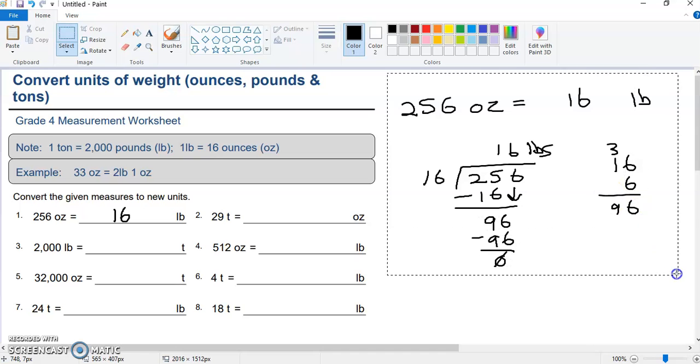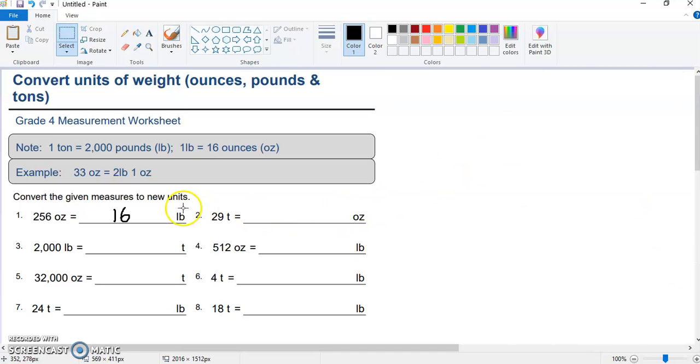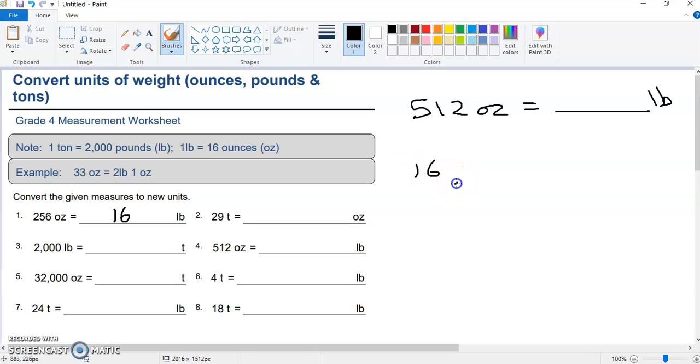All right, let's take a look at another one like this where we go ounces to pounds. Let's see here. Oh, how about this one? 512 ounces. And you want to know how many pounds? Well, again, 16 ounces for every pound. There's 512 of those ounces. 16 times 2 is 32. 16 times 3 is 48.